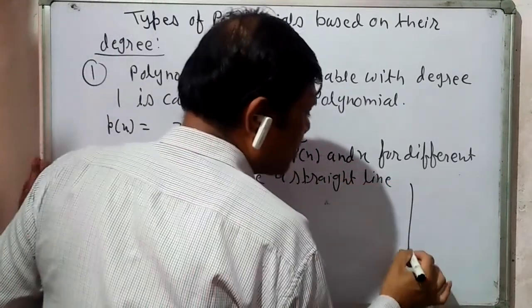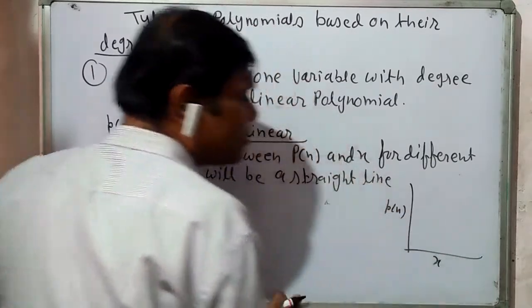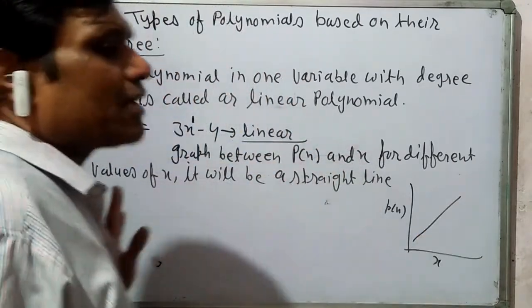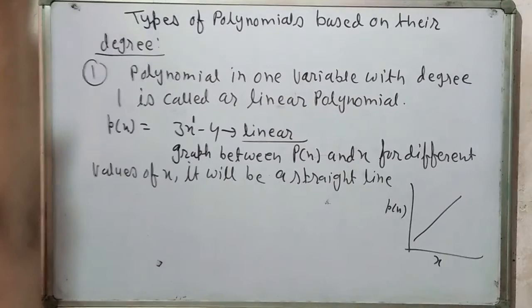Suppose I take p(x) on the y-axis and x on the x-axis. The graph will come out to be something like this straight line. And this tells me that this polynomial is a linear polynomial. It is linear because its graph comes to be a straight line.